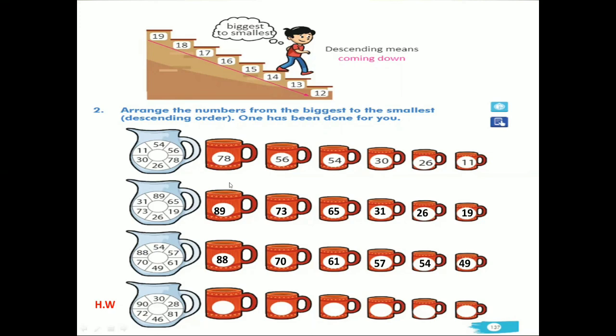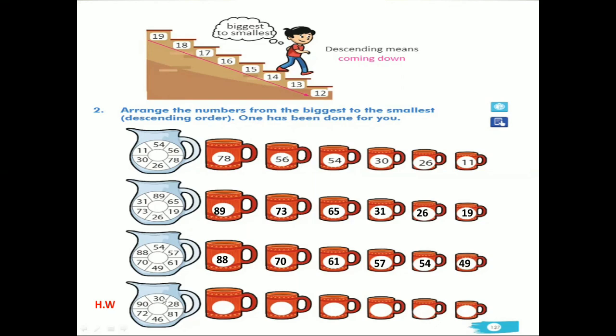The next one, here we have 89, 65, 19, 26, 73, 31. Which one is the larger? 89, correct. After that, 73, then 65, then 31, 26 and 19. Such an arrangement is known as descending order. Okay, so here one is homework for you. Complete it in your textbook.